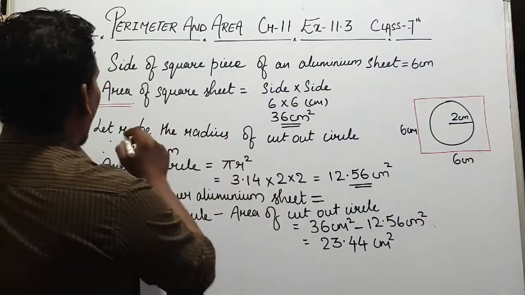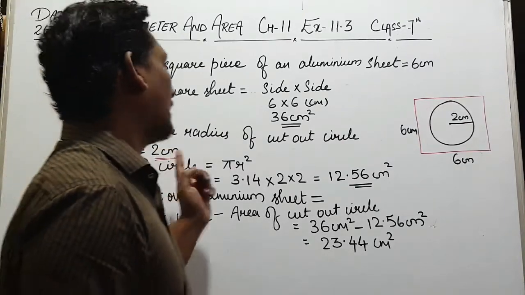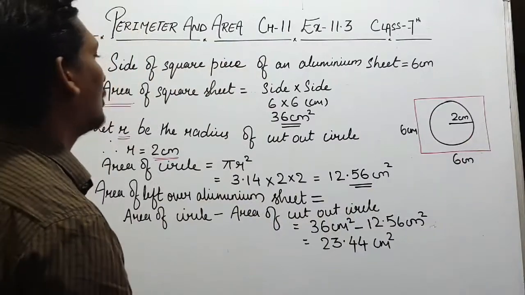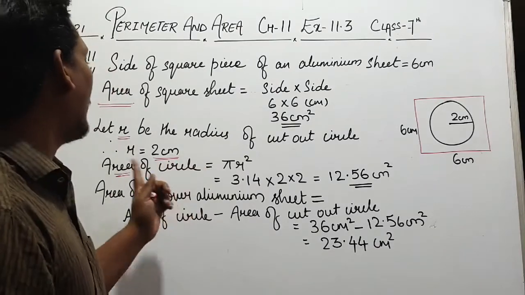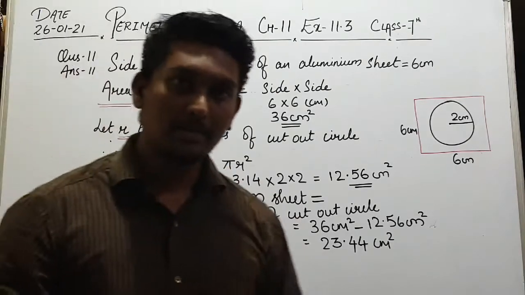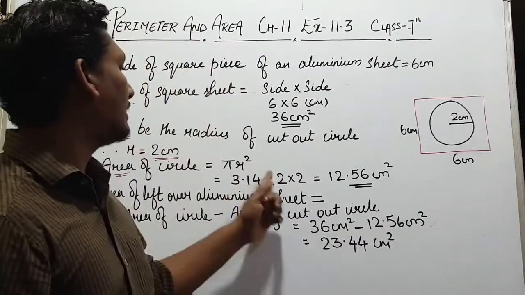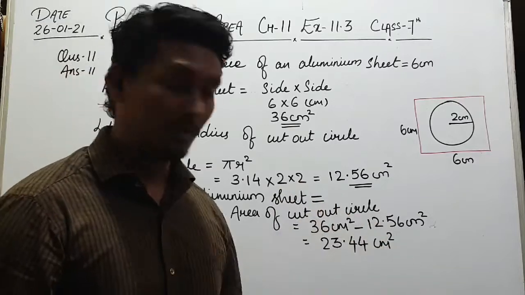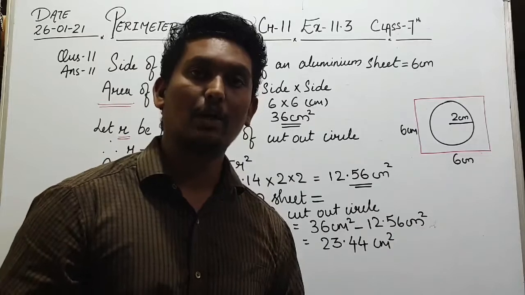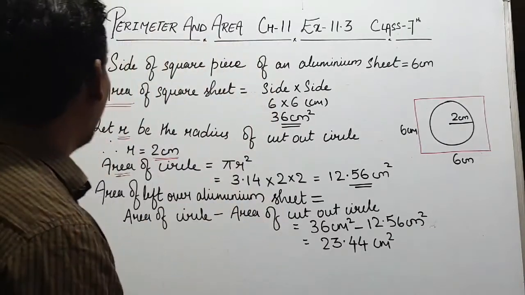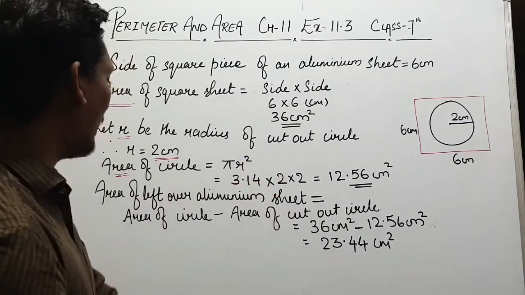Now r is given how much? 2 cm. So 2 cm is the radius here. So again we have to find the area of the circle. The formula is pi r square. The value of pi is given as 3.14. The radius is 2 cm, so 2 into 2. When you multiply all this you will get 12.56. So we got the area of the circle now, and what we have to find out? Area of the leftover aluminium sheet. How to find it out?